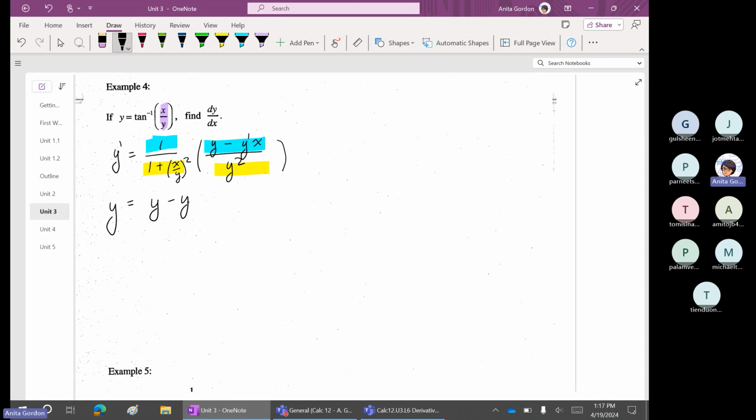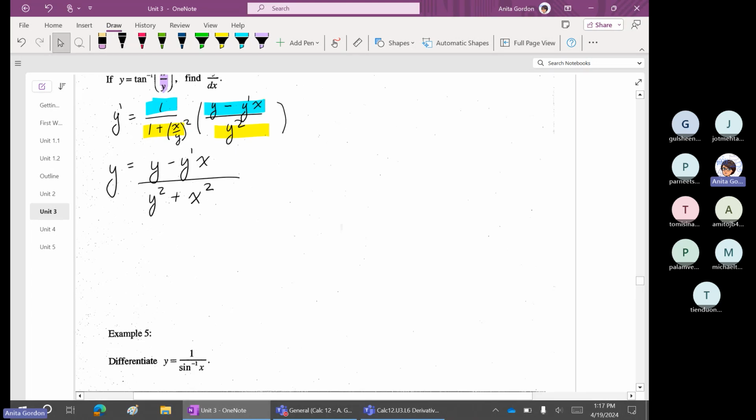Y minus y prime x over y squared plus x squared over y squared times y squared. That actually simplifies, makes our life a little bit easier, to just x squared. Does that make sense? We followed that?